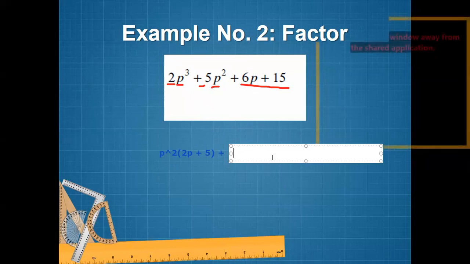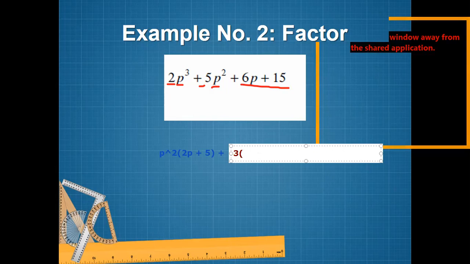Of course, that's 3, multiplied by 2p plus 5, because 3 times 2p becomes 6p, plus 3 times 5, which is 15.